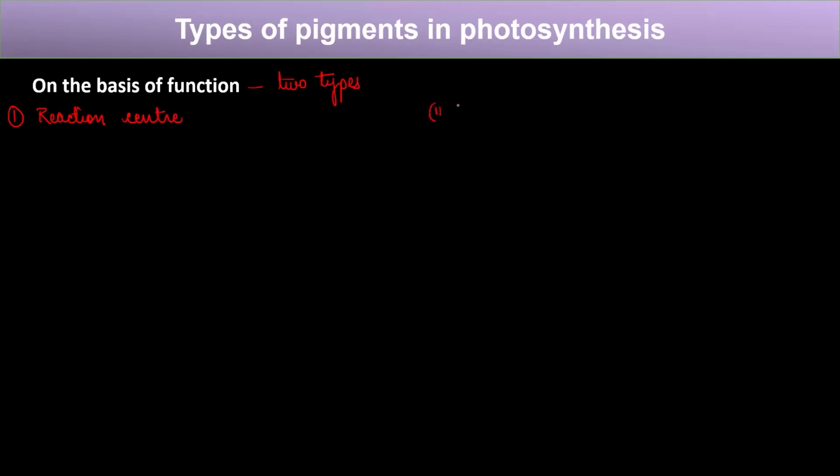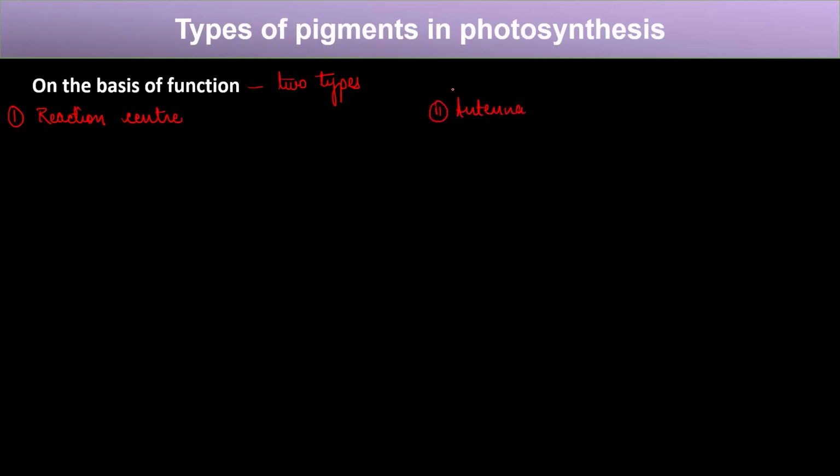On the basis of function, the pigments are divided into two types. Now, what are these types? The first type is called the reaction center, and the second type is known as antenna.